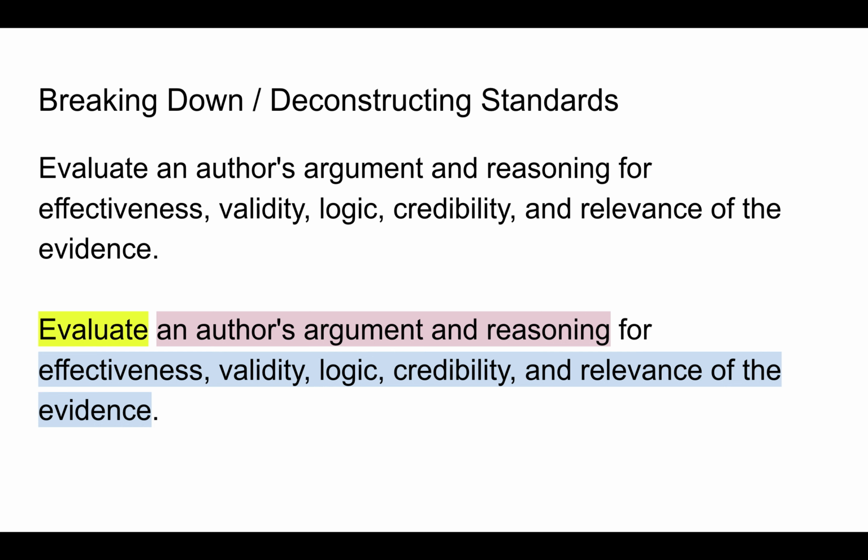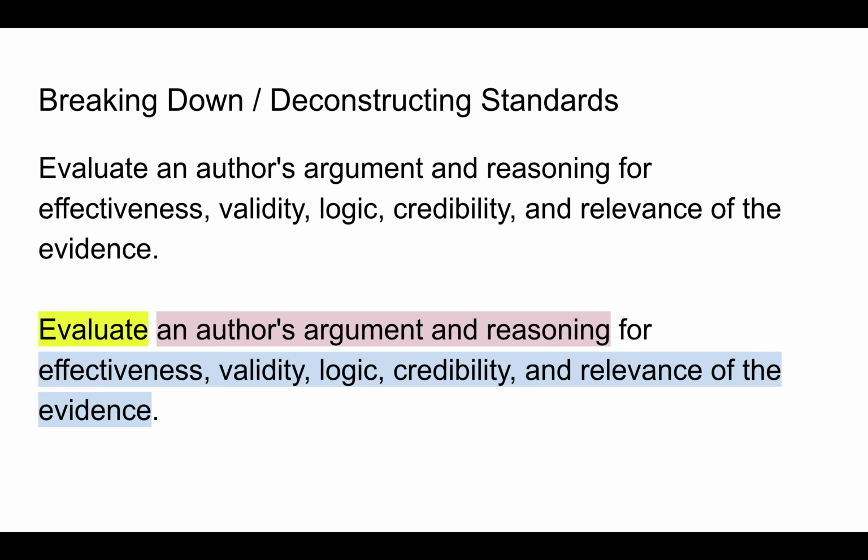And then evaluate what? So evaluate the argument and the reasoning of a nonfiction text, of an argumentative text. And those are really two different things as well, the overall argument and then the reasoning they use to support that argument. And then there's a little bit of a qualifier for what, right? I evaluate an argument for what?